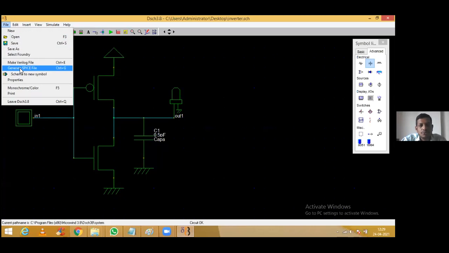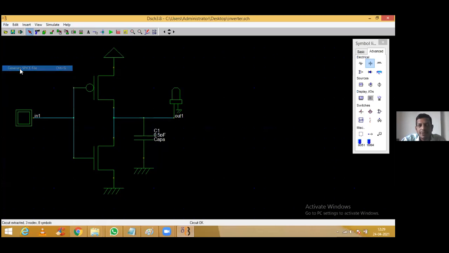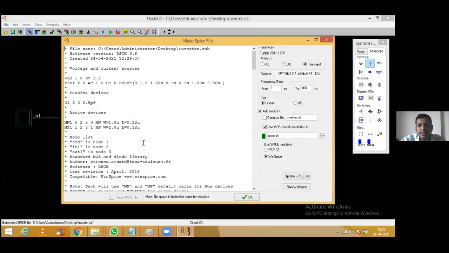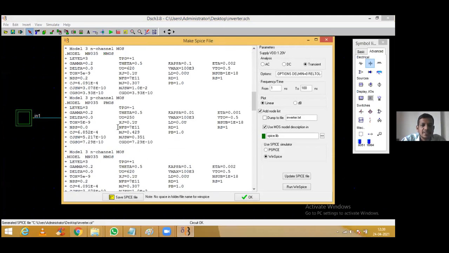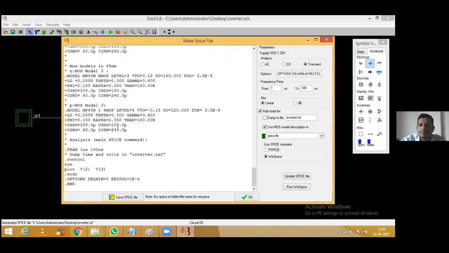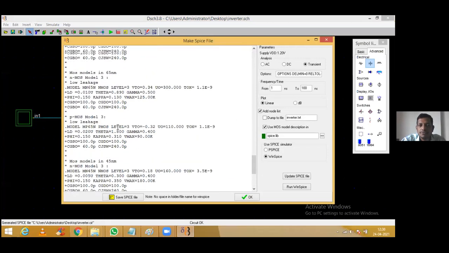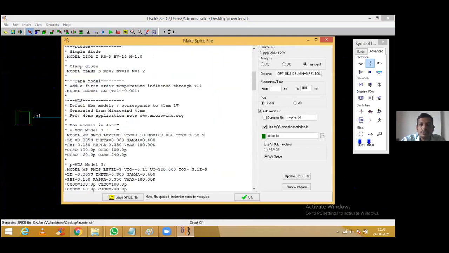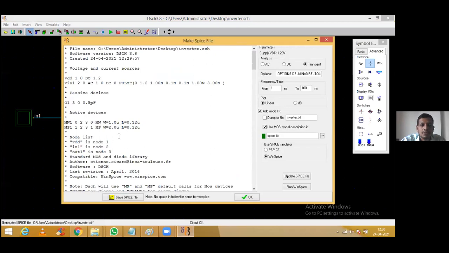Here I have the option of generate SPICE file. Are you getting my point? Generate SPICE file. If I click on that, look at that. This is the SPICE netlist generated. Now there is a confusion with everyone. Oh my God, only a single inverter with one loading capacitor.